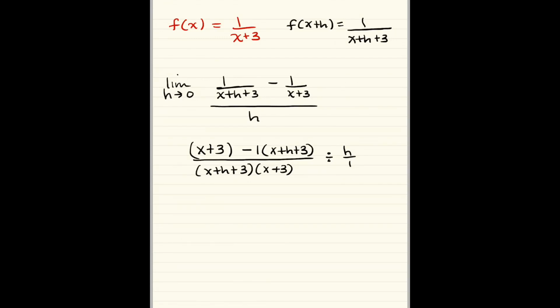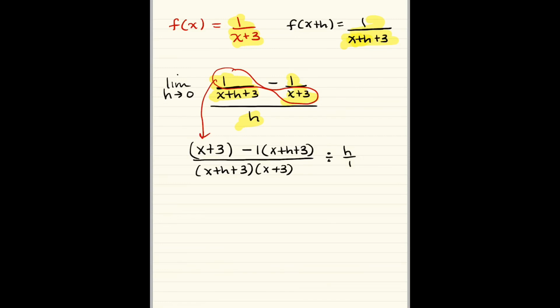So our final example will be 1 over x plus 3. And what we're going to do here is everywhere we see an x, we're going to plug in an x plus h. Then we're going to do our definition of a derivative, f of x plus h minus f of x over h. Now, you're going to get a common denominator. You guys know I love my crisscross tomato sauce, which says 1 times x plus 3.